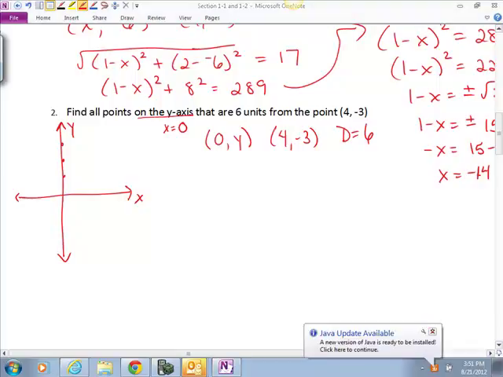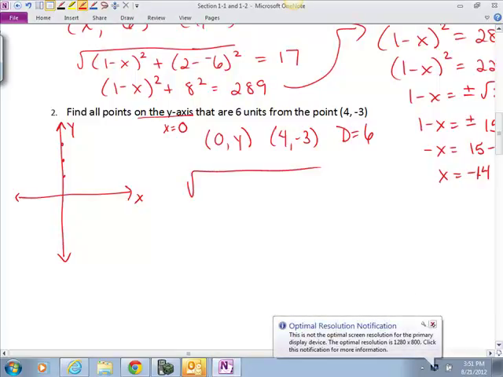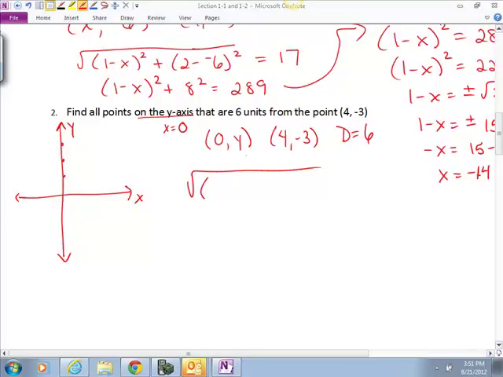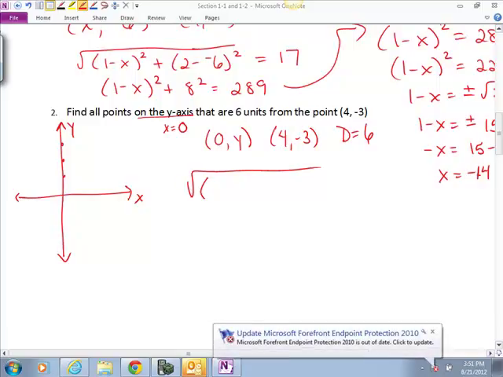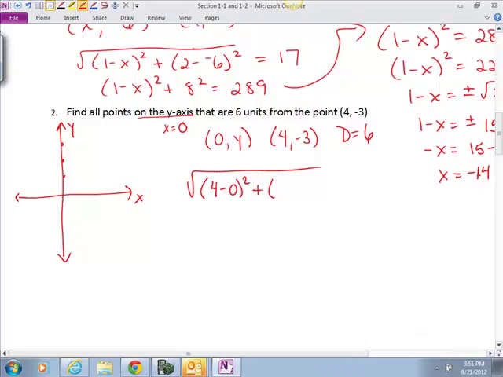Okay, and so we can answer this by using the distance formula. We've got the square root of x2 minus x1, which is going to be 4 minus 0 squared, plus y2 minus y1, which is y minus -3 squared, or actually, if I want to be consistent, -3 minus y squared, and that's equal to 6.